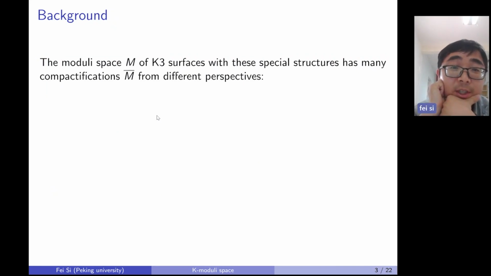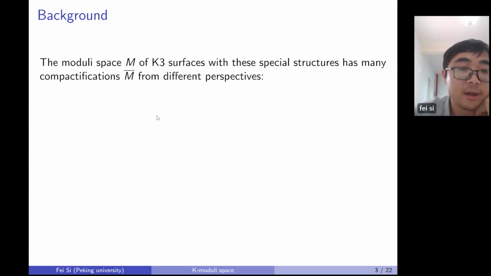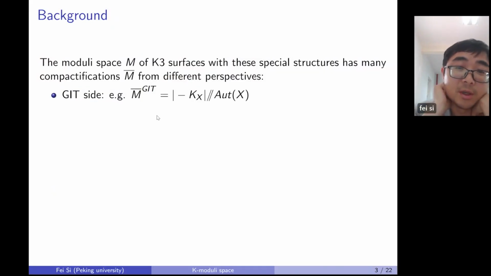So we care about the moduli space of these K3 surfaces with special structures. Then it has many different kinds of compactifications, from different perspectives. For example, we may have a geometric invariant theoretical compactification, known as GIT compactification.